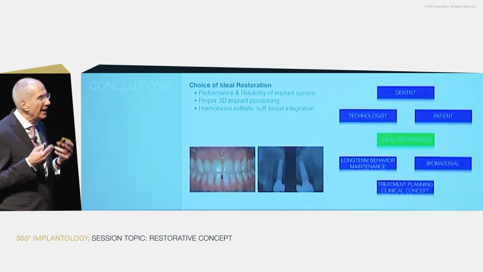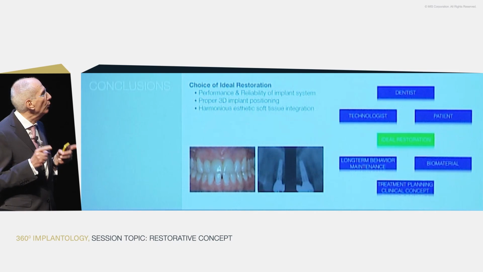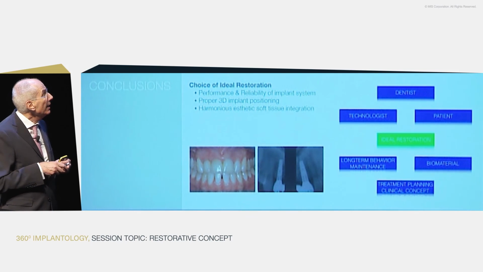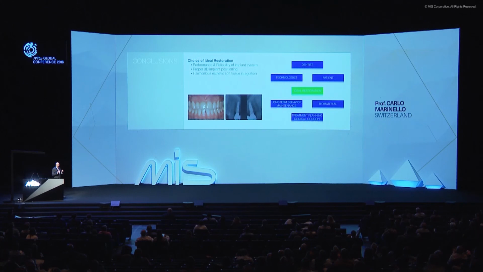If you have a patient, a prosthodontic patient, it's like in perio, it will remain your patient for the whole life. And of course, the 3 points of importance to be successful, especially the proper 3D implant positioning and the soft tissue conditioning and integration.